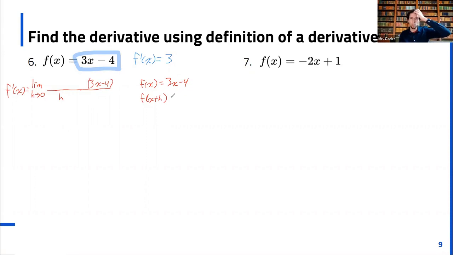What is f of x plus h? Depends on h, I think. But we are keeping h as a variable. So treat both of these things like variables, and then we'll write out what it would be equal to.